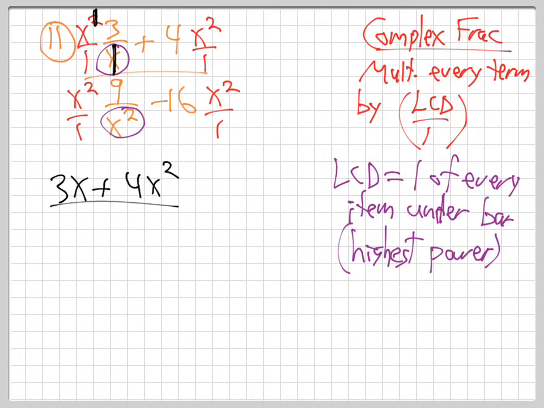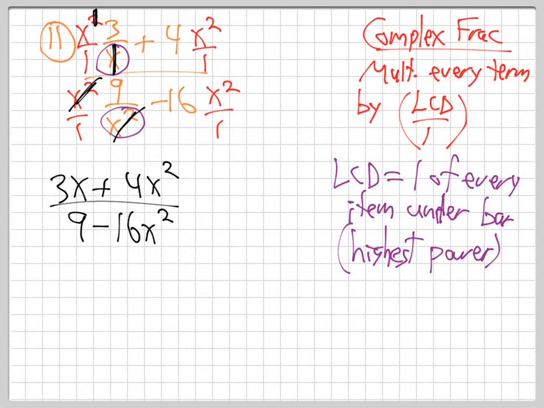This is 4x squared down below here. X squared cancels x squared. And this is 16x squared. We good to there so far? Everybody okay with all that cross canceling?